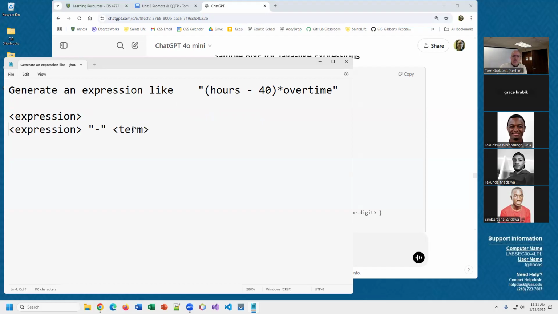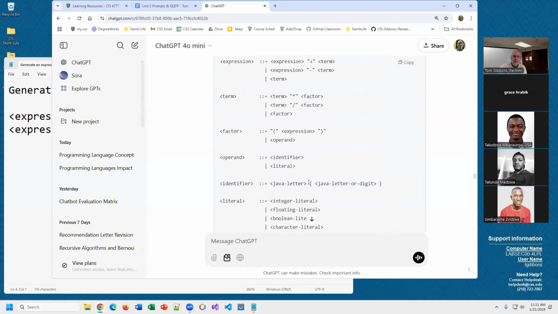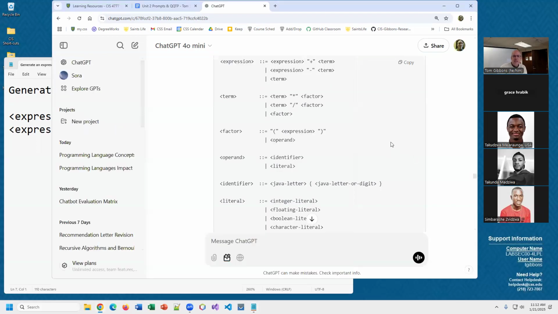And then, for my term, if I look through my list, a term can be either a term, and I can do some multiplication there. So let's try to do the multiplication stuff in here.